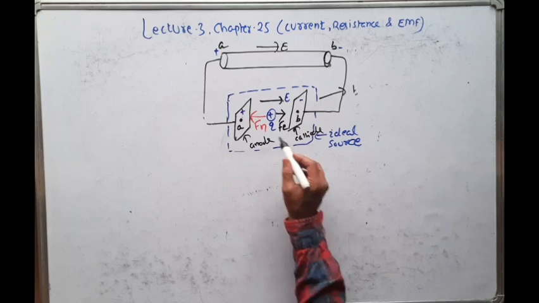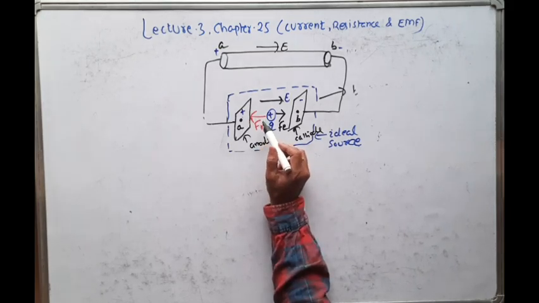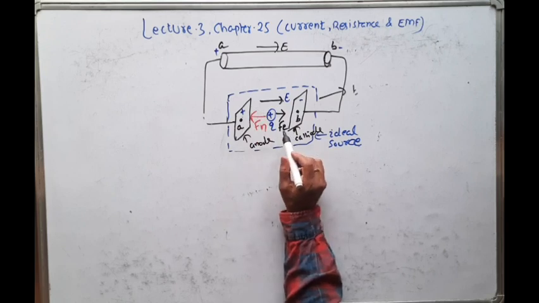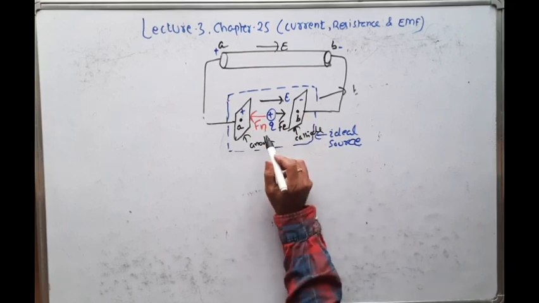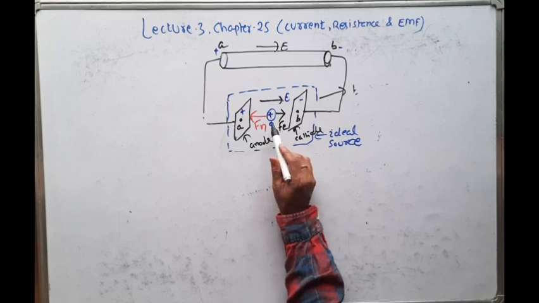And what is the origin of Fn? How is the non-electrostatic force developed inside the source? It depends upon the kind of source. This force, the non-electrostatic force, depends upon which type of source you have taken. For a generator, you know, it is the force due to magnetic field.